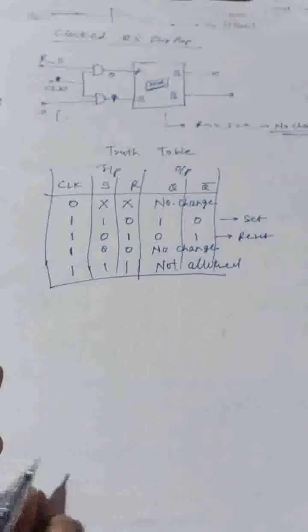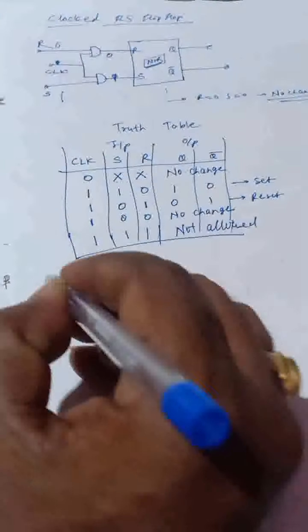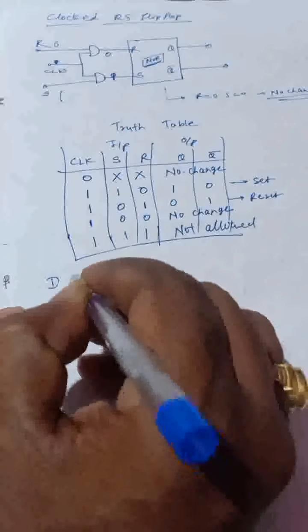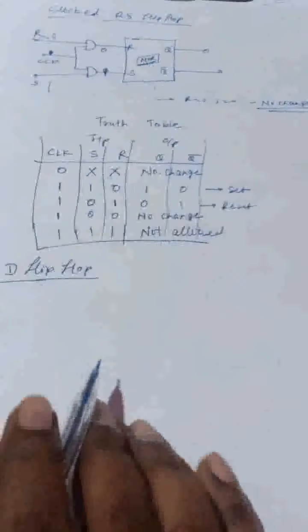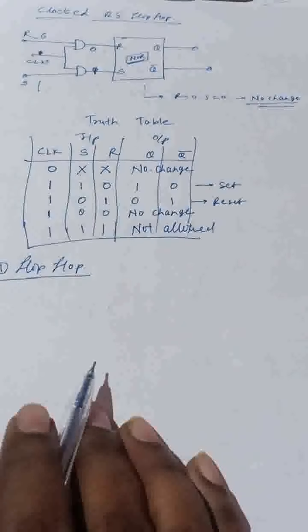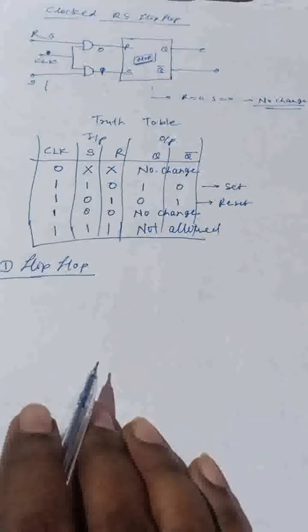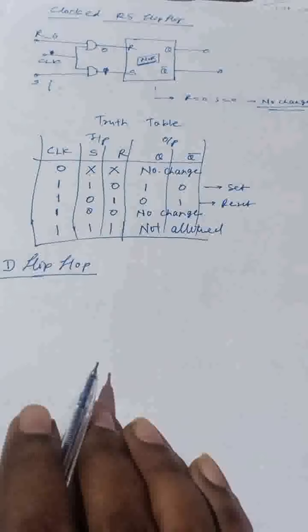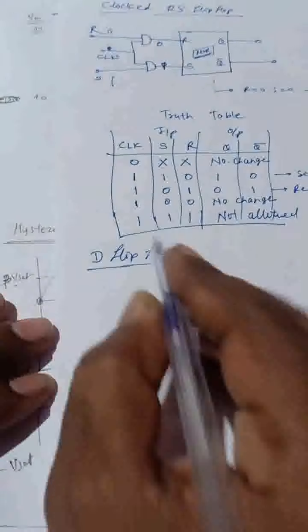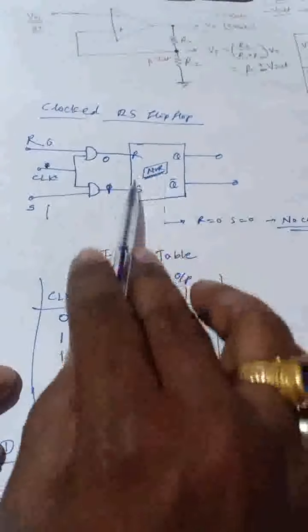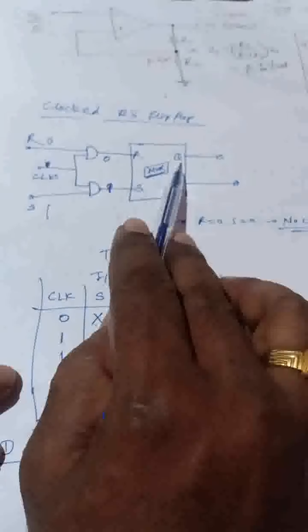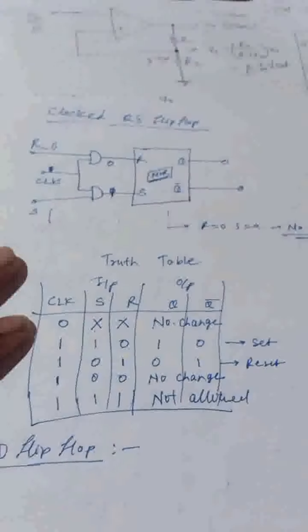Very easy circuit. Then another one is the D flip-flop. D flip-flop is also called the delay flip-flop or data flip-flop. Whatever the D input is, it is stored in the flip-flop. When the flip-flop is set, it stores Q equal to 1 and Q bar equal to 0.